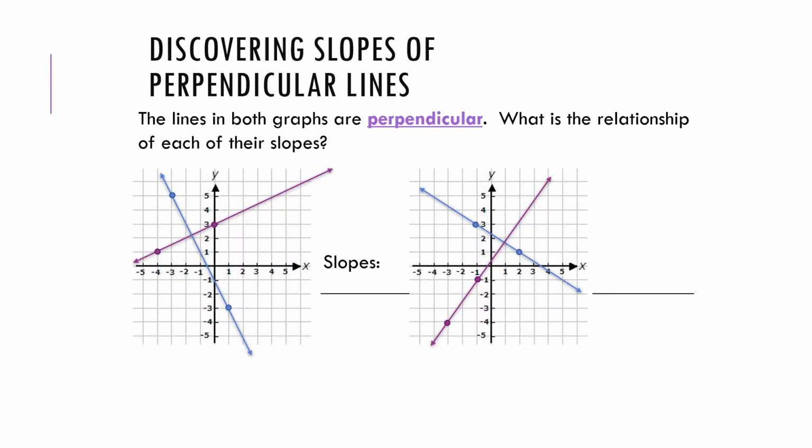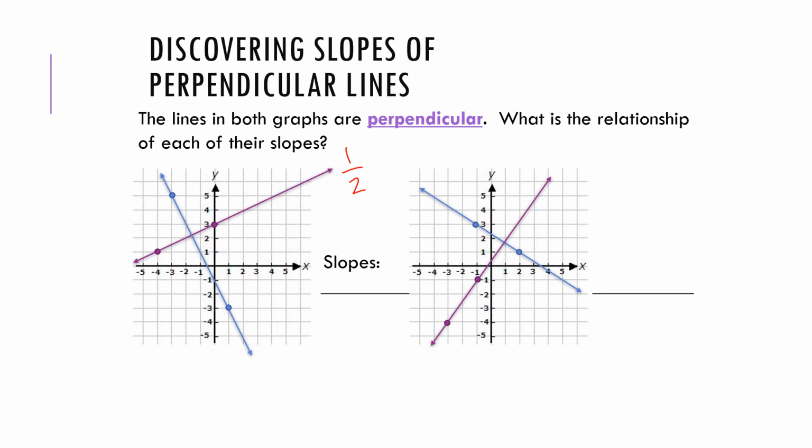If we notice the slopes of both of these lines here, obviously this isn't on your notes, but I'm just going to do it for you guys here. So the slope of the purple line here is up 1, 2, to the right 1, 2, 3, 4. So the slope of that purple line is 1/2.